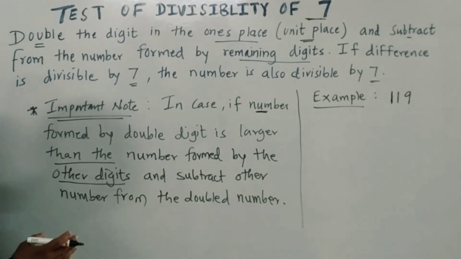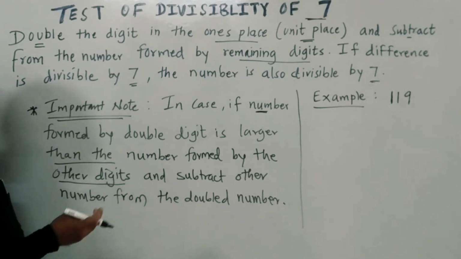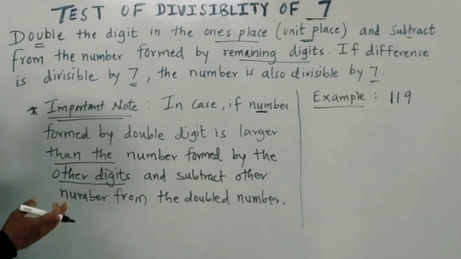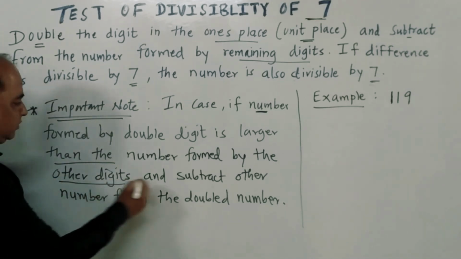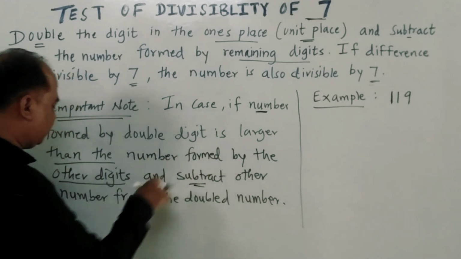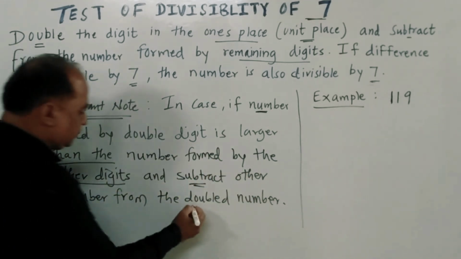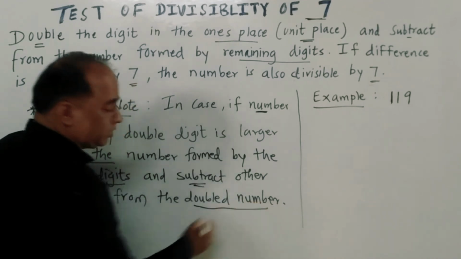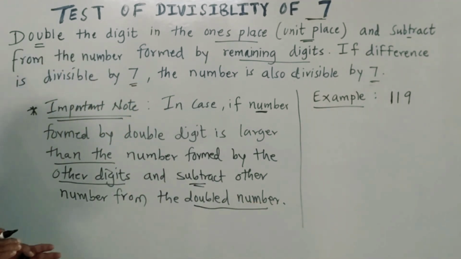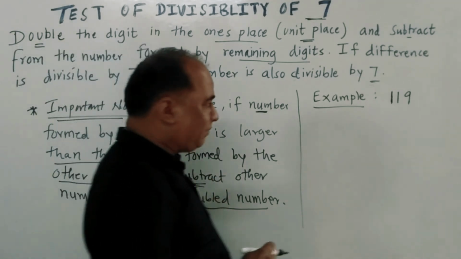In that case, you have to do it in reverse order: from the doubled number, subtract the remaining number. So we'll see one example here.